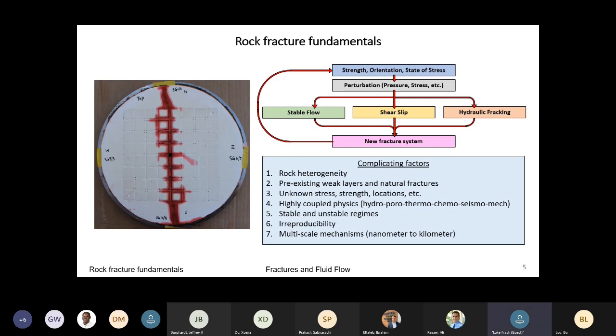And then there's the other complexity, which is actually what originally attracted me to rock mechanics in the first place. I really like that in the subsurface, there's nothing excluded. You got hydraulic mechanics, you got poromechanics, thermomechanics, chemistry, seismic stuff, and just general mechanics.